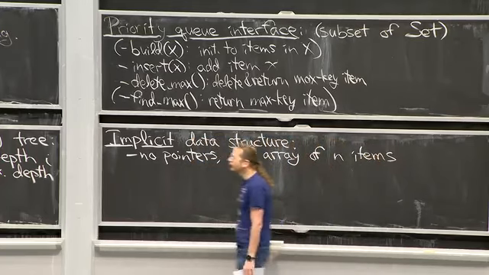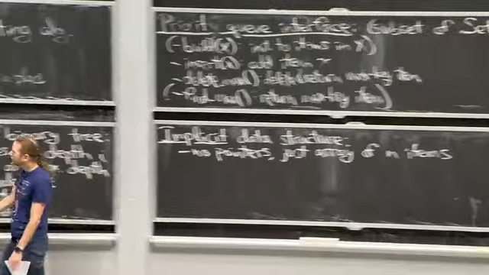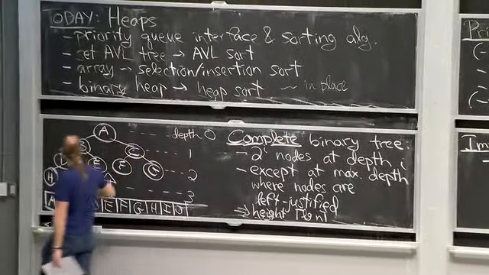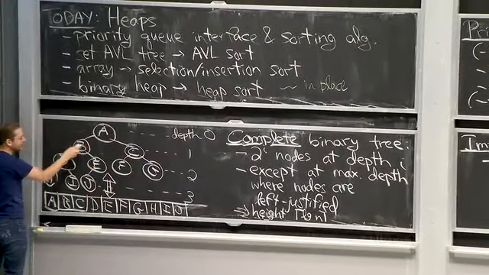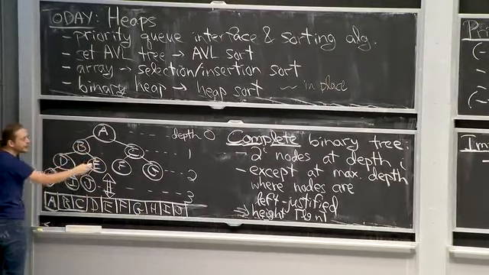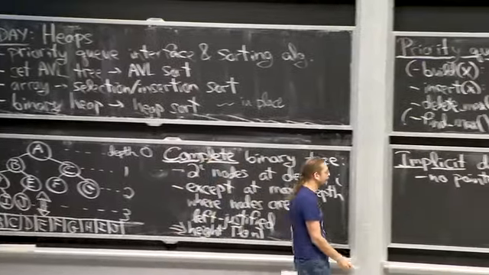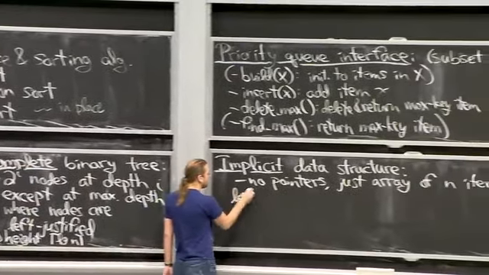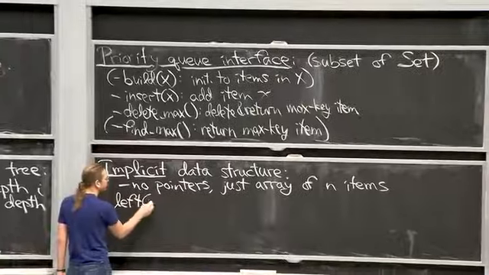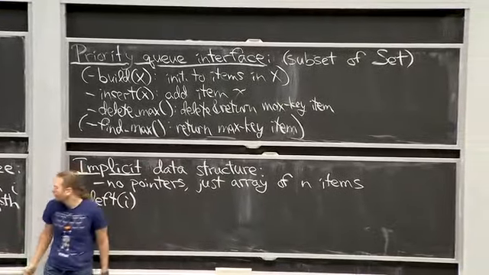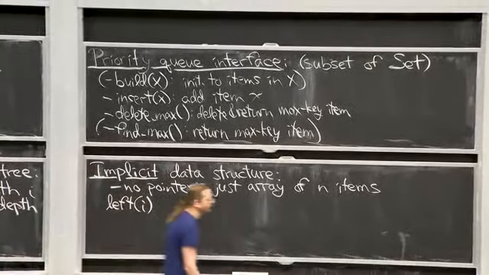How are we going to get away without storing pointers? I'd still like to treat it like a tree. I'd still like to know the left child of B is D and the right child of B is E. We'll see why in a moment. Well, we can do this with index arithmetic. So maybe I should add some labels before I get there.